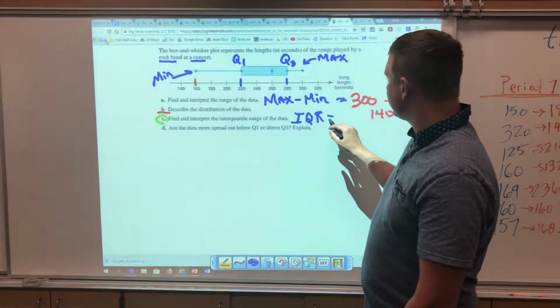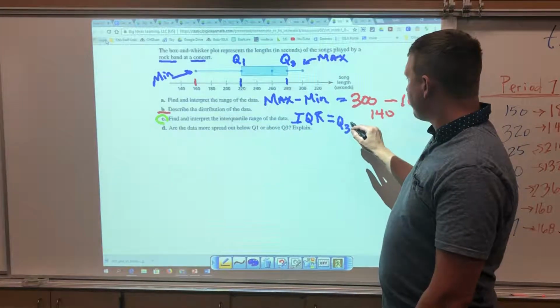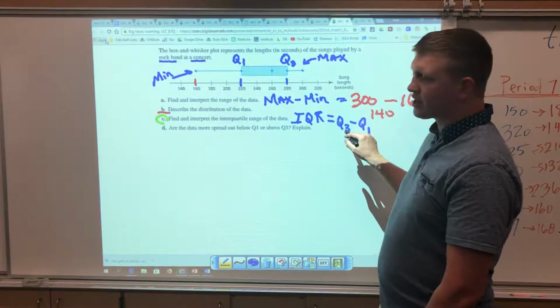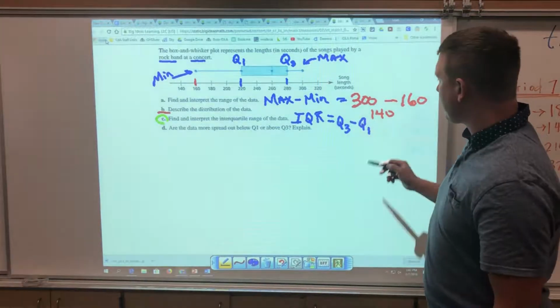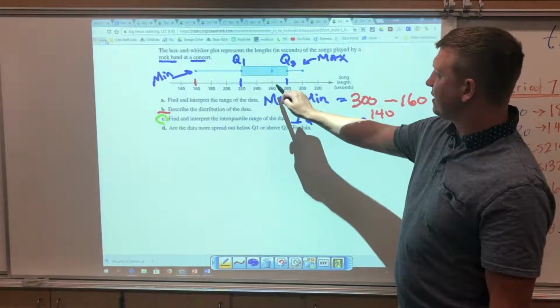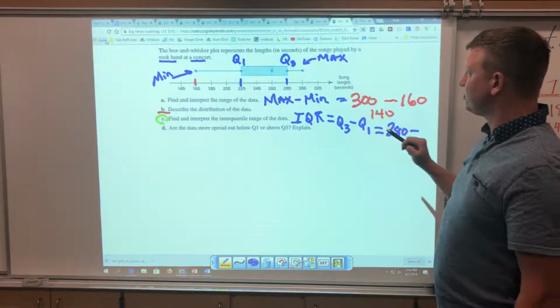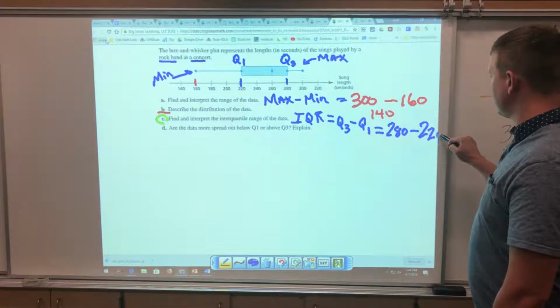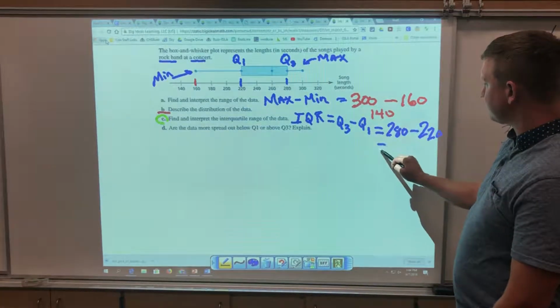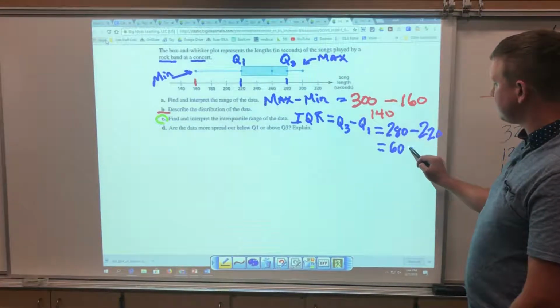Okay, so quartile 3 minus quartile 1, because quartile 3 will be larger and we want it to be a positive number. So what is that? That is 280 minus 220. Okay, when we do that we get 60. 60 what? 60 seconds.